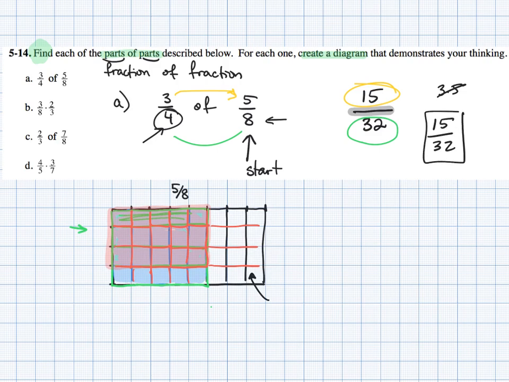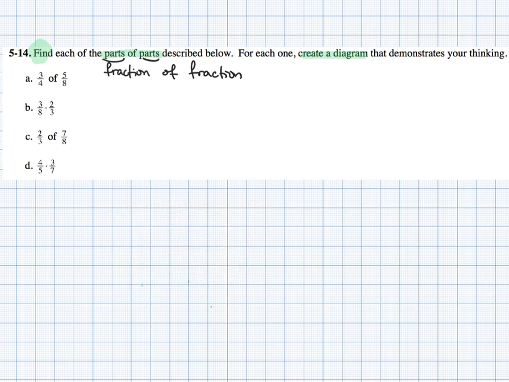So go ahead and try the other ones on your own. I do want to start you with letter B though before I let you continue. So we have 3/8 and then there's a little dot in between them. That means the word of. So we are given 3/8 of 2/3, which means multiplication.